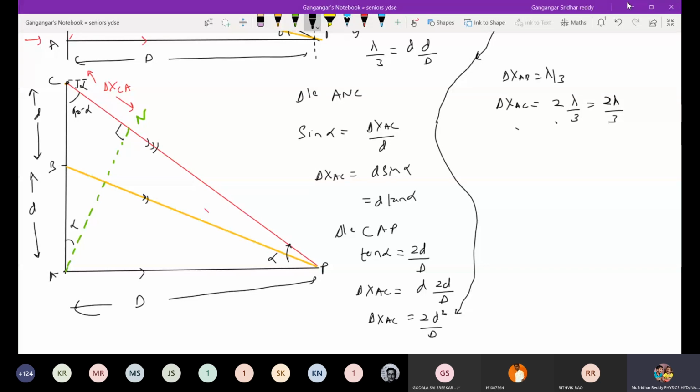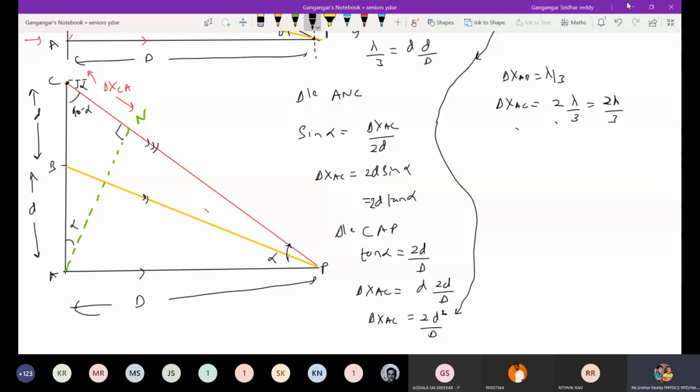The data. The delta XAC is 2d sin alpha, no sir. 2d I'm missing here. Yeah, d and d, no? Okay. Here 1, 2 will be there.